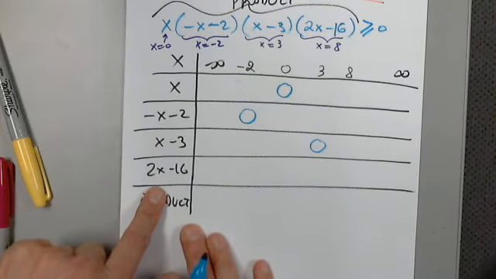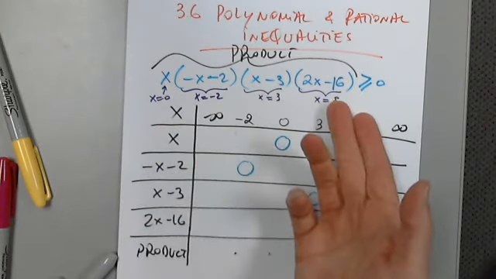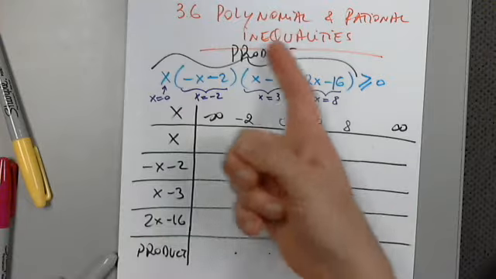Now, the next step is, what will happen when x is negative 2 to the entire product, when x is 0 to the entire product, when x is 3 to the entire product, and when x is 8 to the entire product? In other words, if any of these factors is 0, what will be the result of the whole thing?